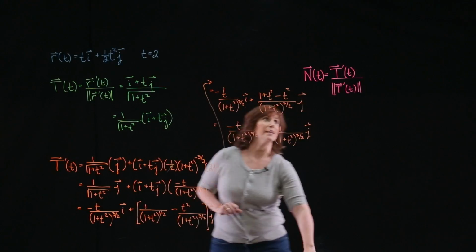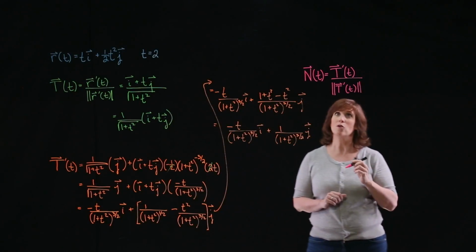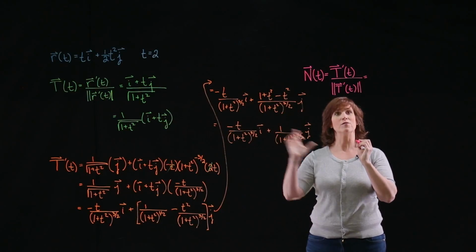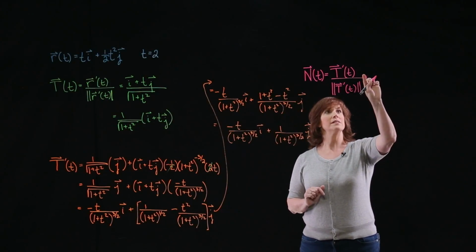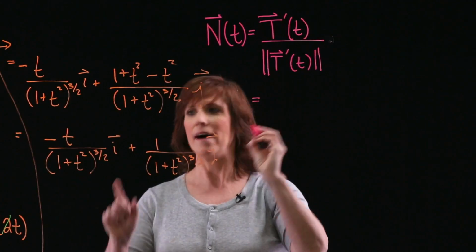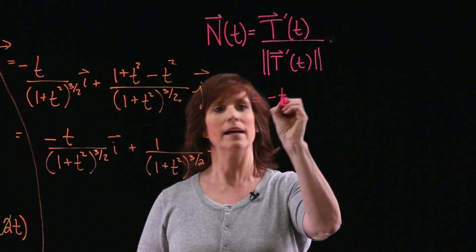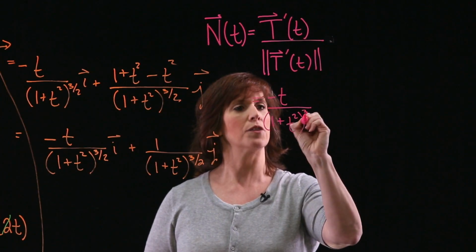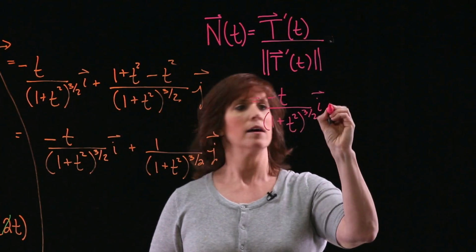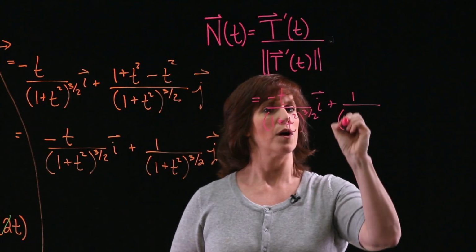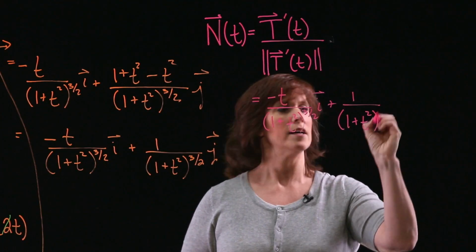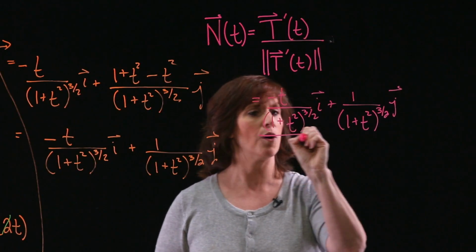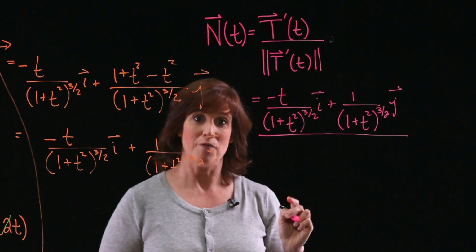All right, now what do I need? For my unit normal, I need this vector that I have divided by its norm. So let's put this down here: minus t all over 1 plus t squared to the 3/2 i plus 1 over 1 plus t squared to the 3/2 times j, all over the norm of that function.